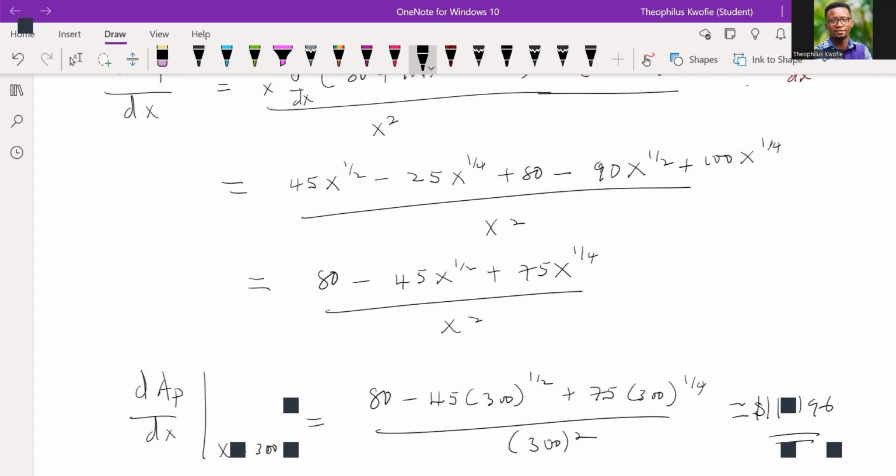Which means that at 300 geraniums, Paulson's average profit is increasing by approximately 11.20 per plant. I want us to take note.